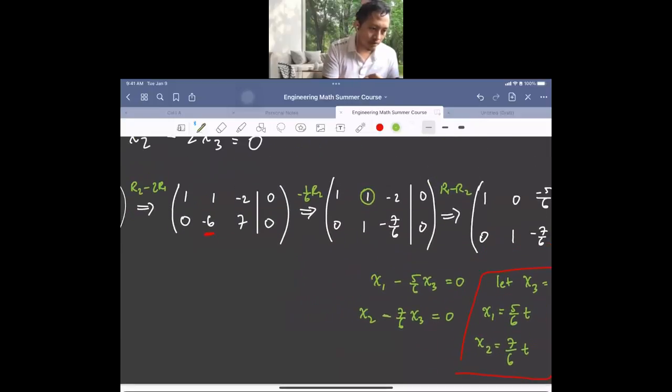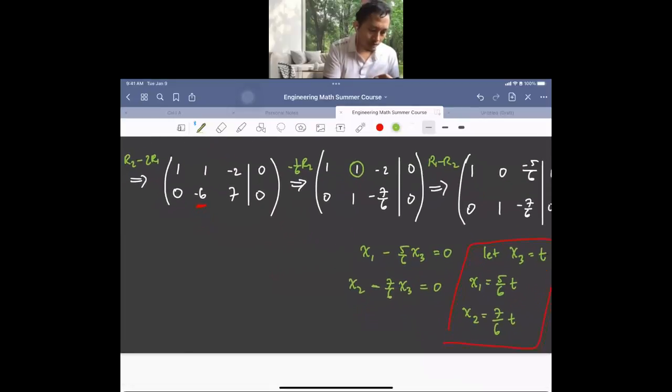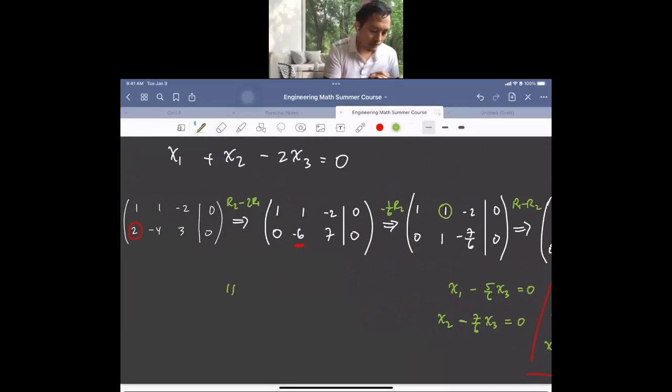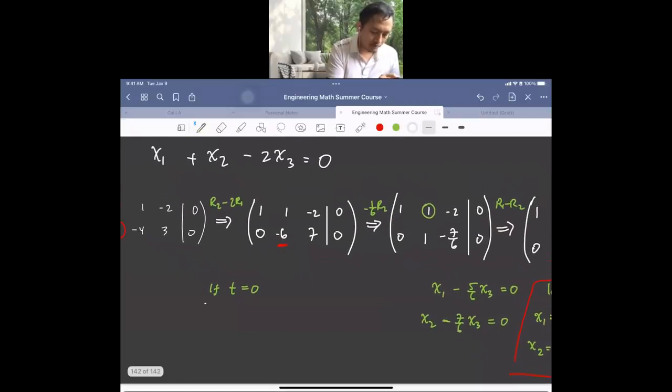So we will obtain, if t is 0, what will happen? x1 is 0, x2 is 0, and of course x3 is 0 because x3 is equal to t.